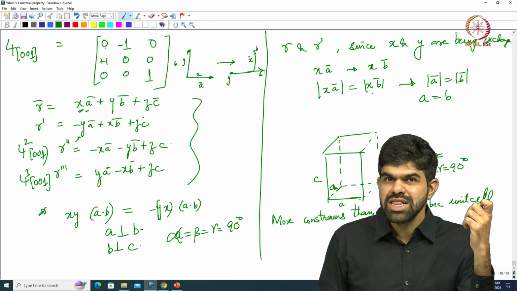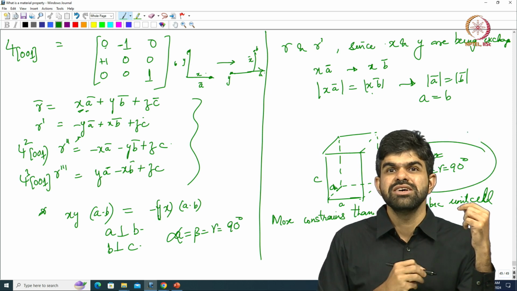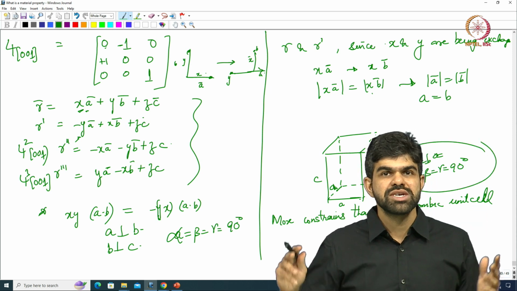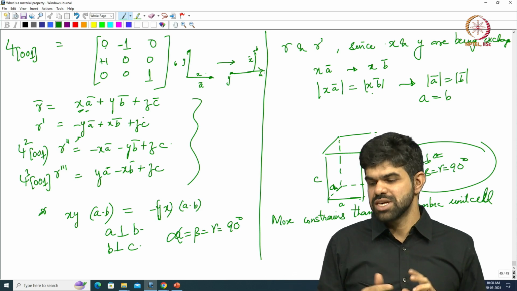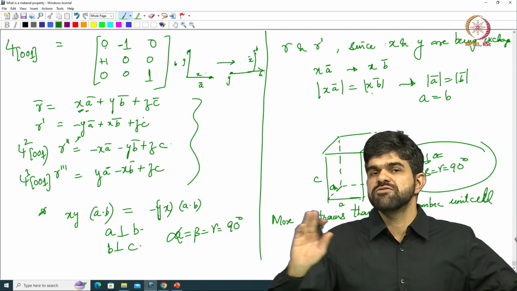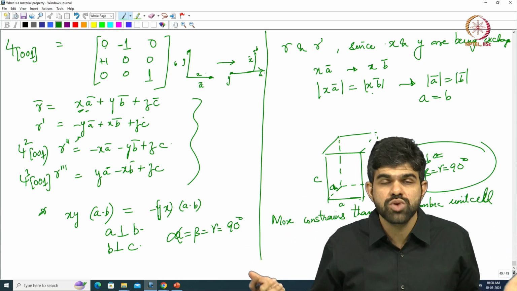And that unit cell turns out to be constrained in this fashion, right. So, that A equal to B and alpha equal to beta equal to gamma equal to 90 degrees, right. So, this becomes a preferred choice of unit cell, okay. But you can always define unit cells that do not represent the symmetry of the system, and that is okay, right.